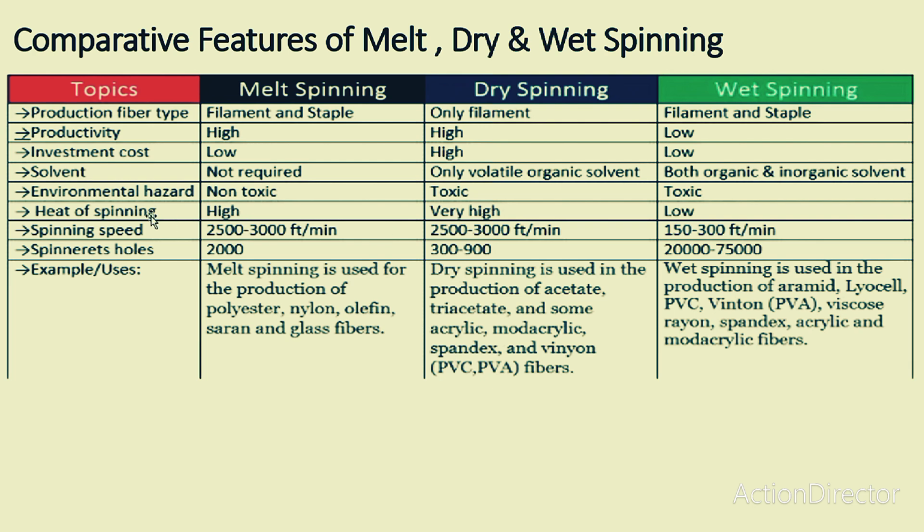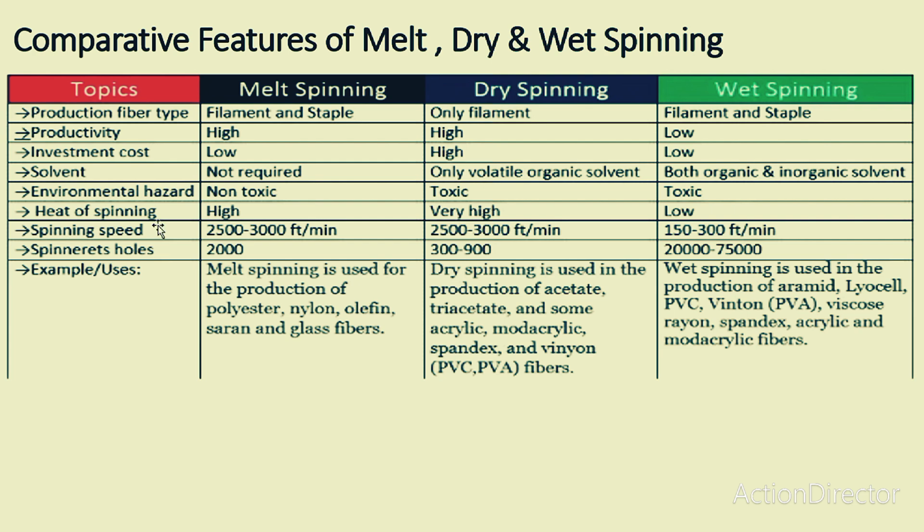Environmental hazards: in the case of melt spinning, it's non-toxic, dry spinning is toxic, and wet spinning is also toxic. With respect to the environment, melt spinning is better as it has a non-toxic effect, while dry and wet have a toxic effect.